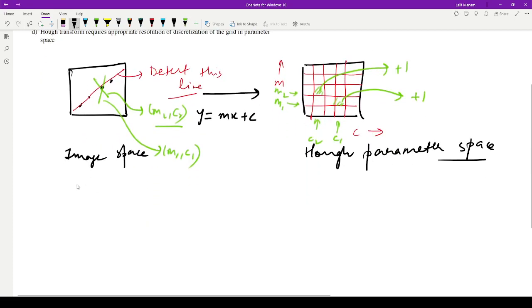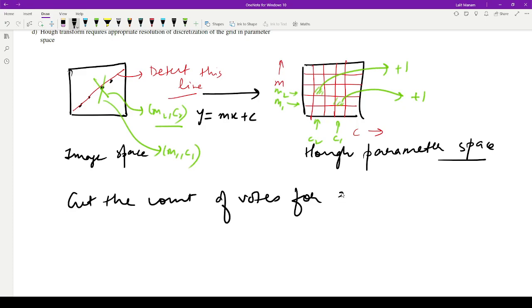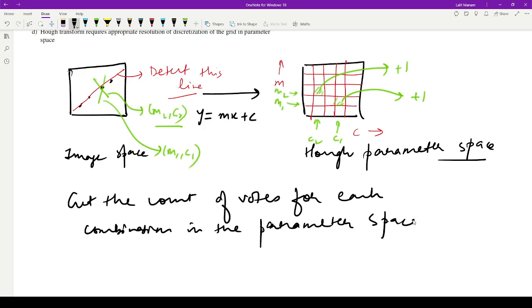Once we get the count of votes for each combination in the parameter space, what do we need to find next? How are you sure about which M and C to pick for this instance?